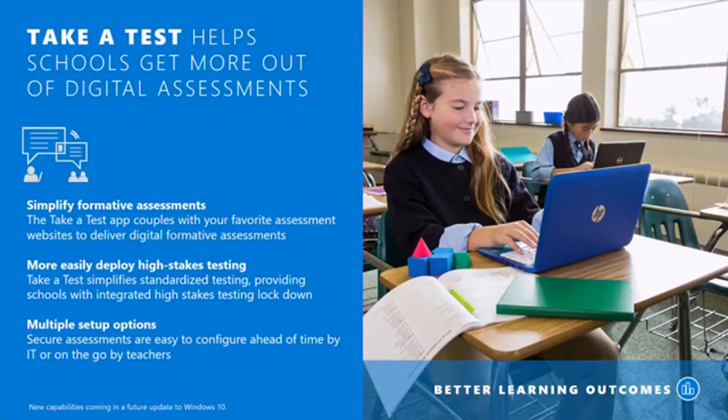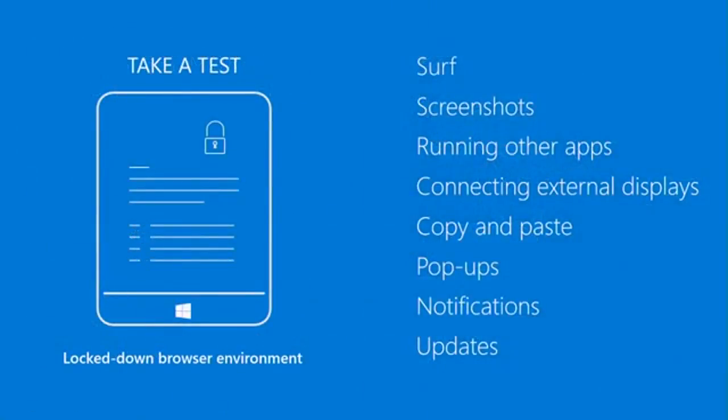And behind the scenes, it's doing a whole bunch of stuff here. It's locking down a whole bunch of different things that need to be done. They can't surf to another location. They can't take screenshots. Other apps can't be running. I can't connect to external displays. I keep telling the Take a Test team, it makes it hard for me to demo this because you can't demo this on a connected display because it'll show up black.